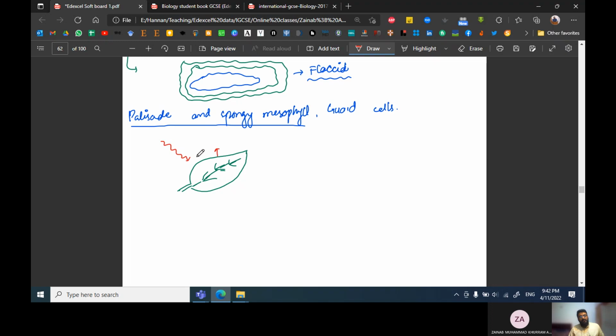Because the maximum light coming from the sun falls first on the upper epidermis. Although the upper epidermis does not possess chlorophyll, the light penetrates it and falls on the palisade mesophyll first. And then after penetrating through the palisade mesophyll, it comes into the spongy mesophyll. So the spongy mesophyll would possess less chlorophyll than the palisade. So this is about the distribution of chlorophyll in the leaf.